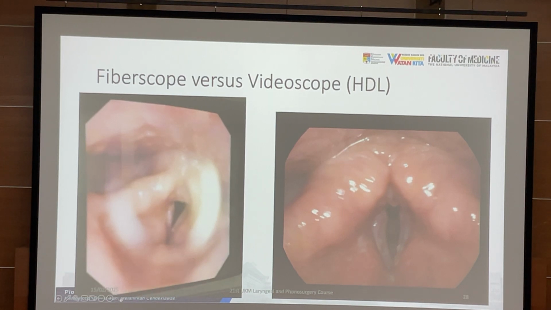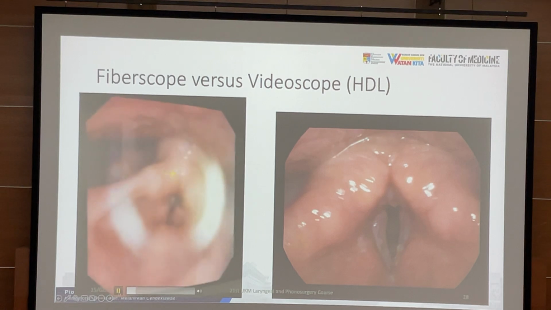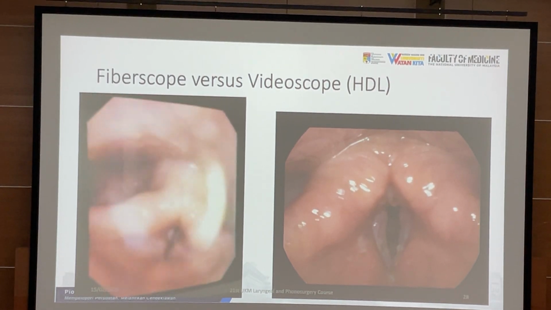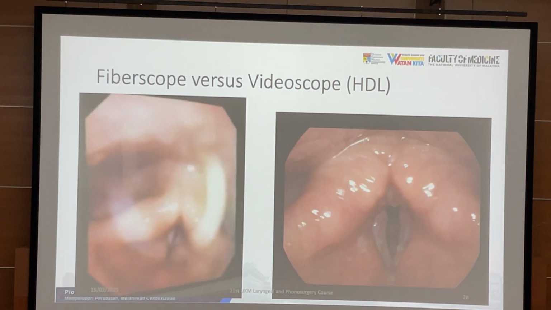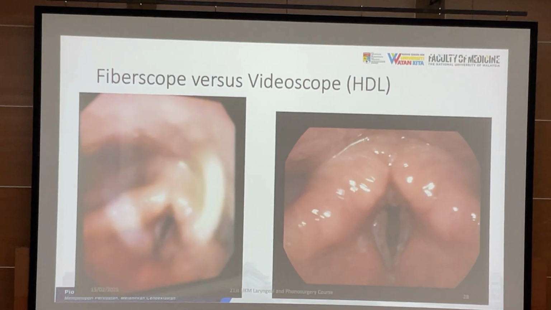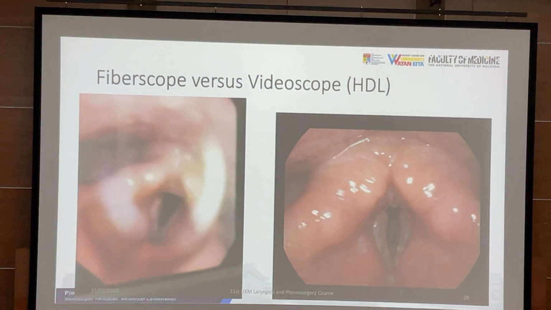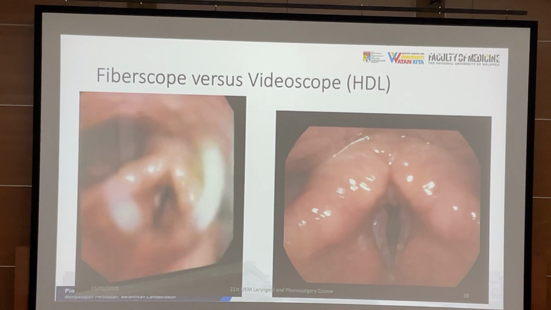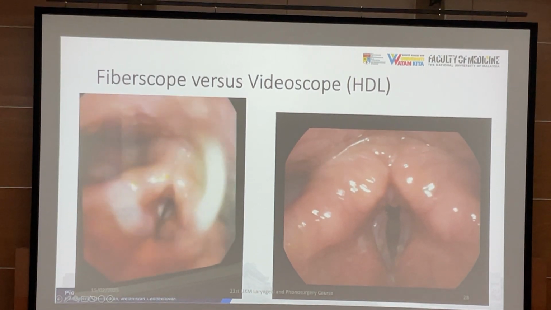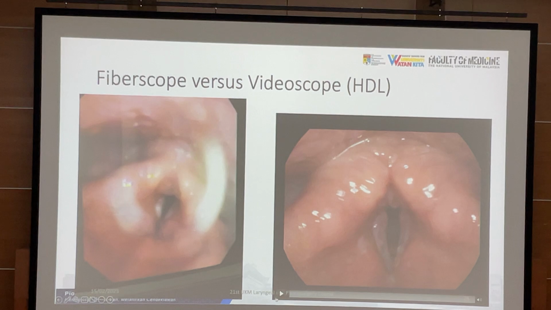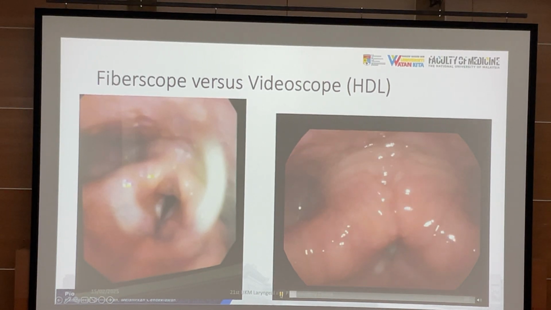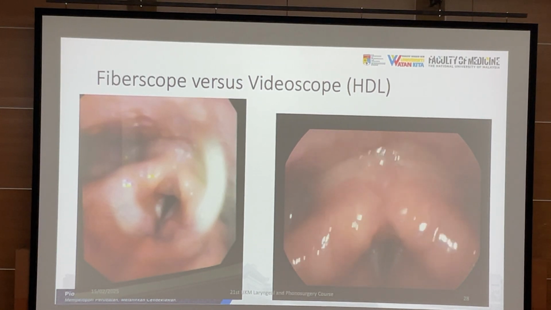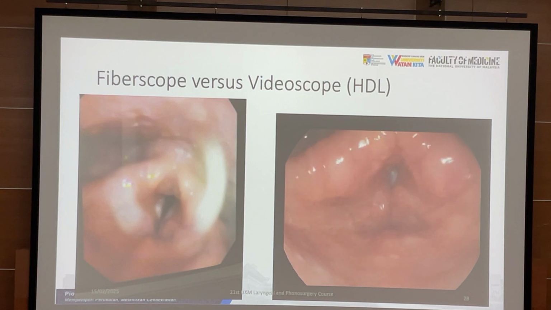This patient, a smoker, complained of hoarseness. Examined using a fiberscope, the doctor gave a diagnosis of laryngopharyngeal reflux. The wife is not happy because the wife is a pathologist and asked for a second opinion. And the patient came to our center. This is how his larynx looks with the video endoscope.